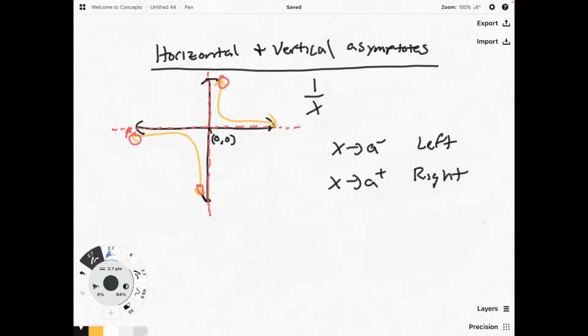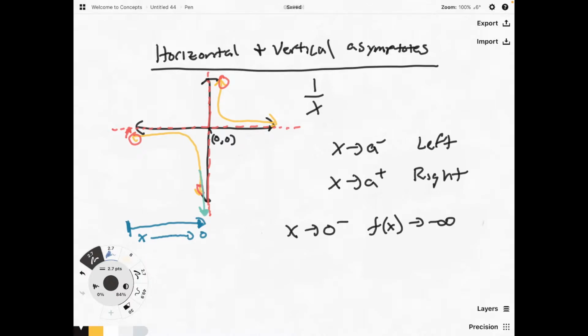If we have x approaching 0 from the left, then that means we are going from the left to the value of 0. As x gets closer and closer to 0, our value of y goes to negative infinity. f of x, or this function, approaches negative infinity.